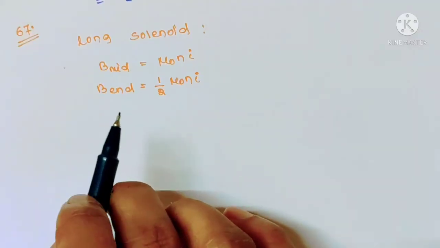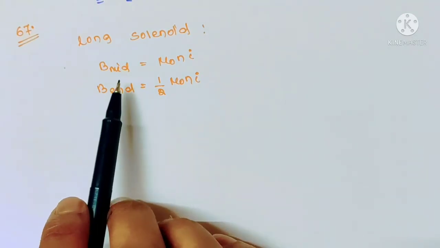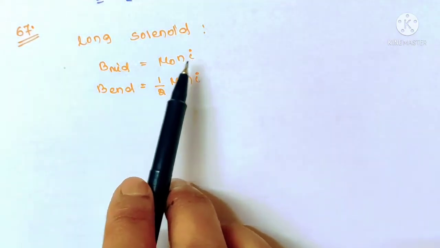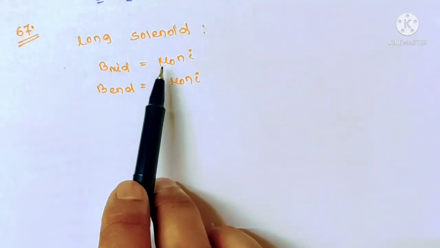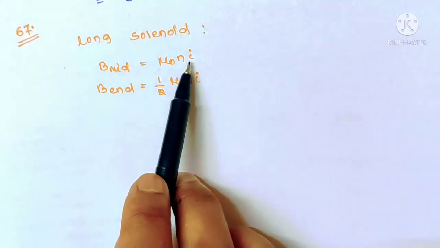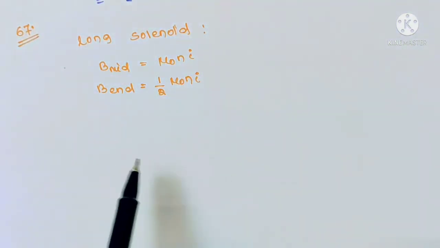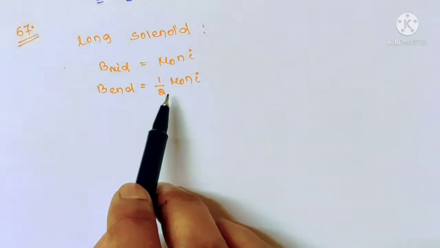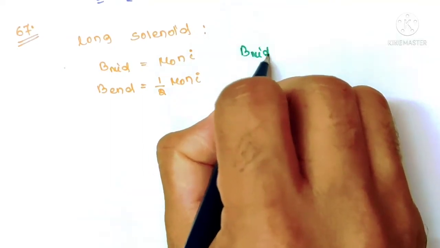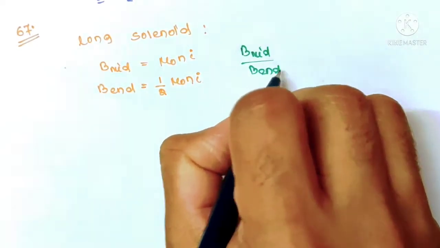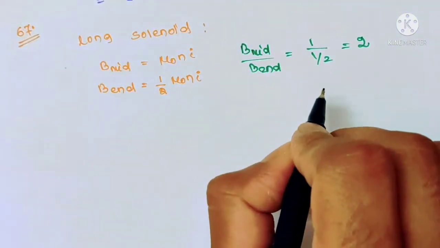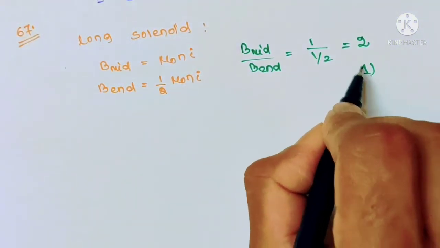For a long solenoid, we know magnetic field at midpoint is uniform, and that is given by mu naught n I. Mu naught is permeability of free space, small n is the number of turns per unit length, small I is the current flowing through the solenoid, and at the end point it is half mu naught n I. So the ratio of midpoint to end point will be 1 by half, that is 2. So your correct option is option 1.